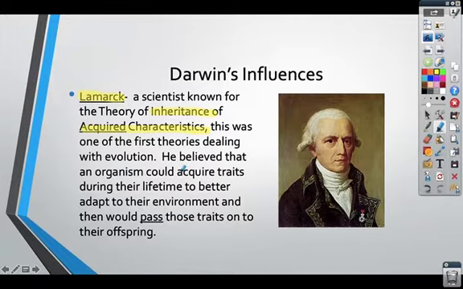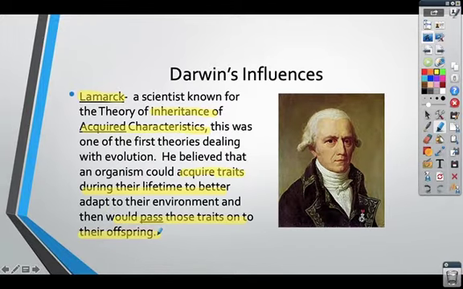And he believed that organisms could pick up traits during their lifetime and pass those traits on to their offspring. Now, his idea was really good in explaining why we saw specific traits in like crabs and giraffes, for example, but he kind of lost sight of the big picture, and people quickly pointed out some ways that this would be false.